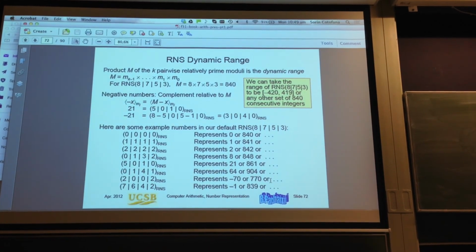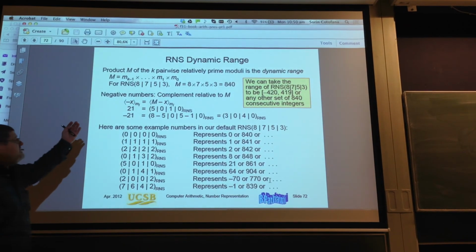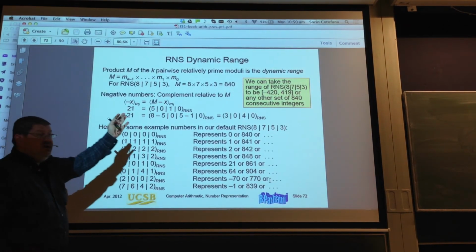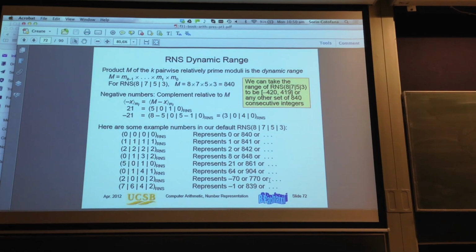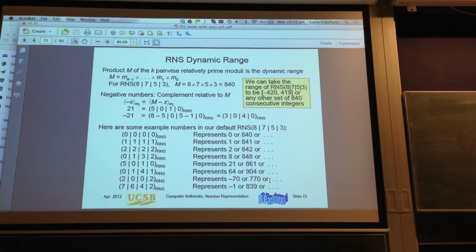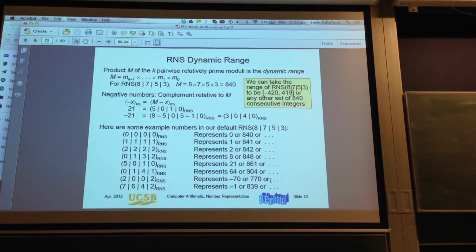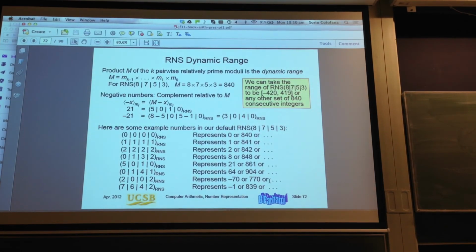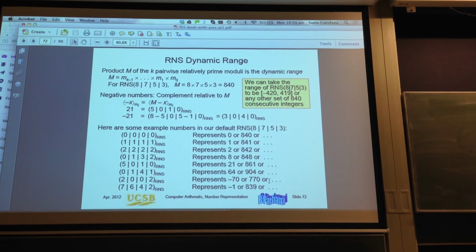And then, like in here, 21 is represented like a tuple of 4 smaller numbers. And if I want to compute minus x, I do complementation, in the same style, but I'm not doing complement m. I'm doing complement mi. Then for each channel, we call those RNS channels, I can do the complementation in parallel.